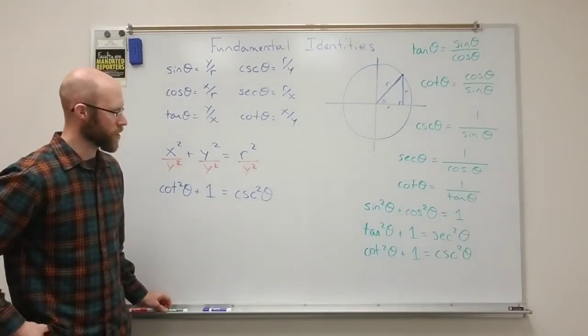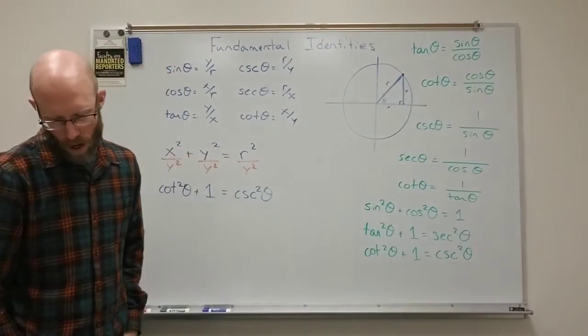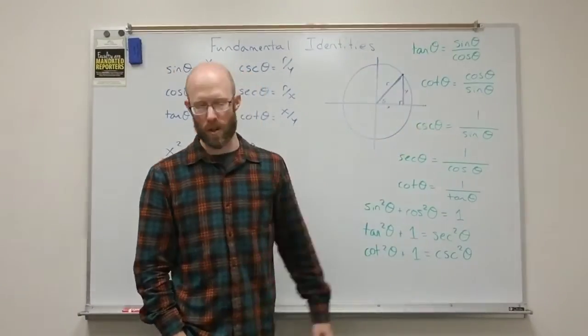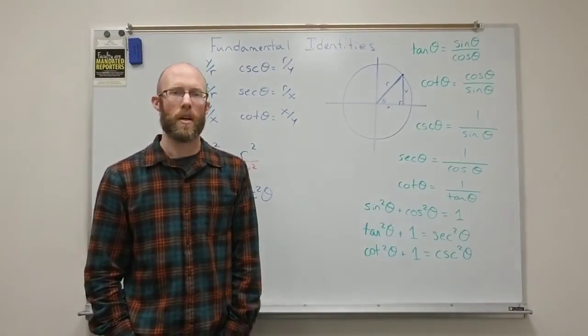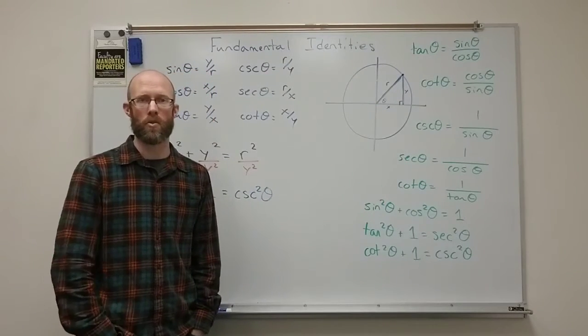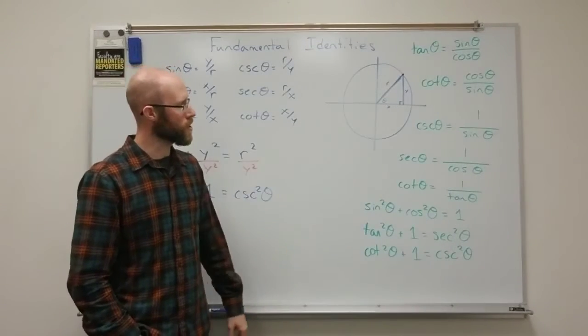All right, so that gives us 3 Pythagorean identities. We also have then 2 quotient identities and 3 reciprocal identities, okay? These are the main identities that we're going to be using throughout our discussion on identities. These are our main fundamental identities here.